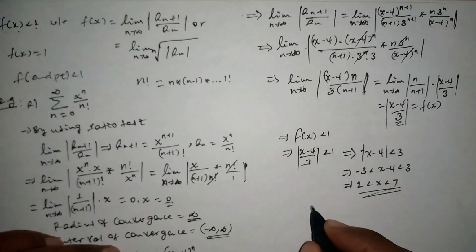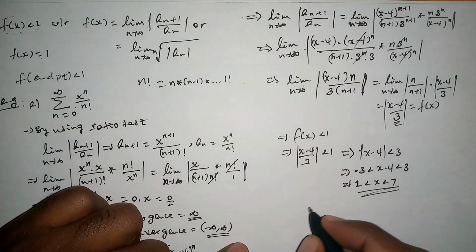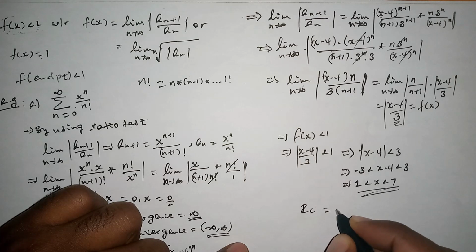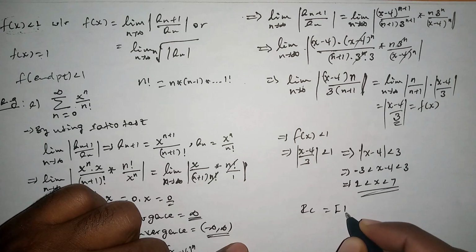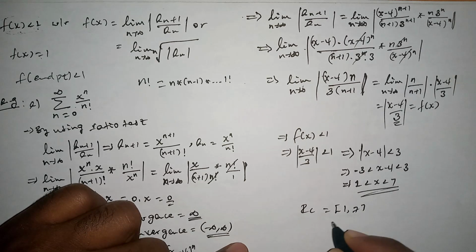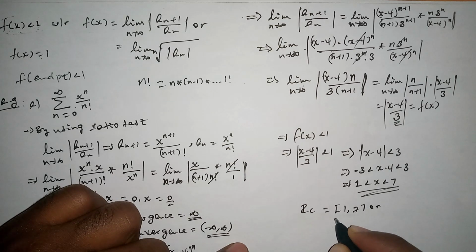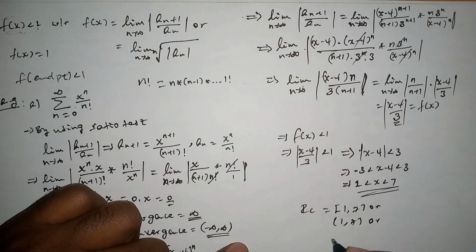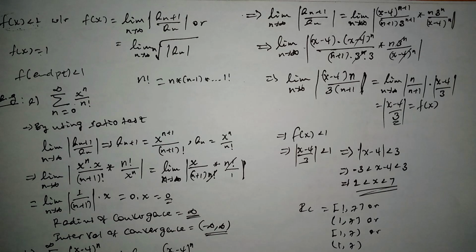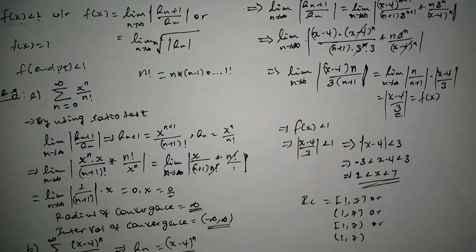So here our interval of convergence may be (1, 7), or [1, 7), or (1, 7], or [1, 7]. So we have to decide which one is our interval of convergence.